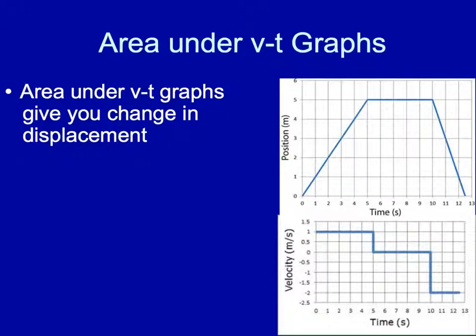Now here's kind of a neat thing. The two things I can do with graphs is I can calculate slopes, and I can also calculate areas under the curve. So let's take a look at the area under the curve of a velocity time graph. The reason I want to do that is area is always going to be some base times height.